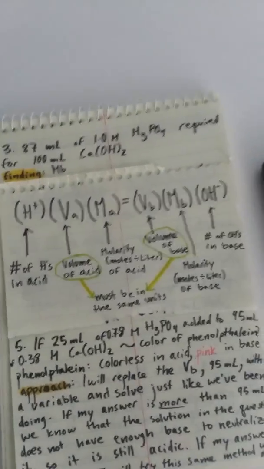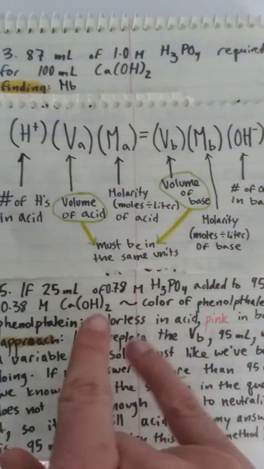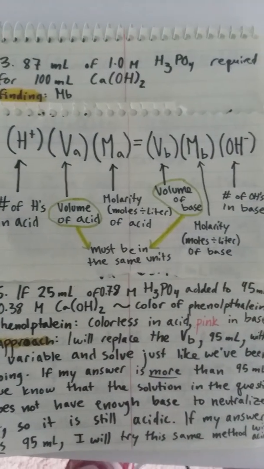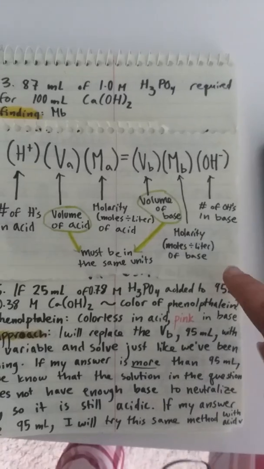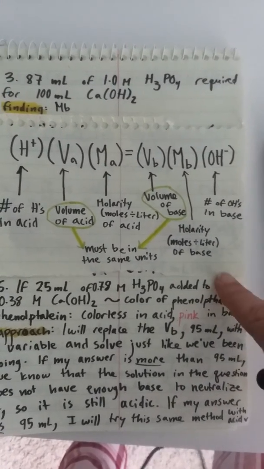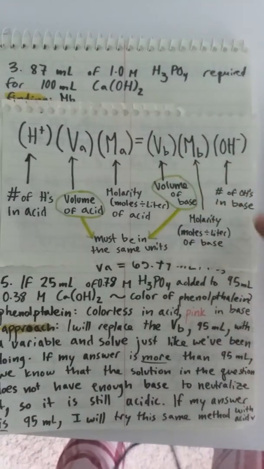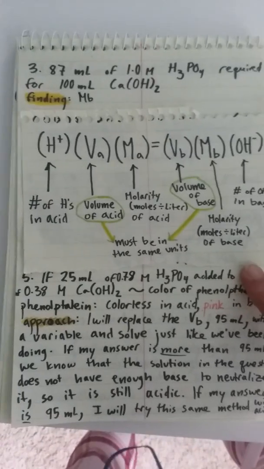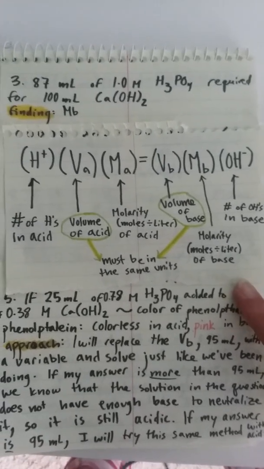So my thought was, since we're given all of these values, I'm just going to ignore one. I chose the 95 milliliters, the VB. I'm going to pretend that we weren't given that, and solve for the equivalence point.